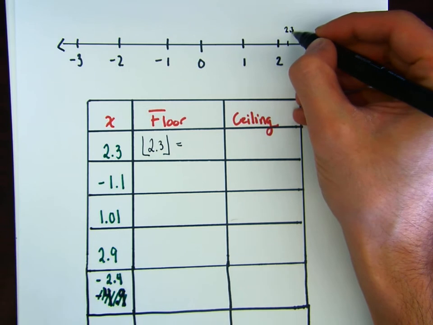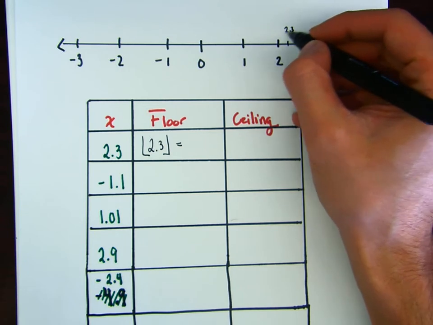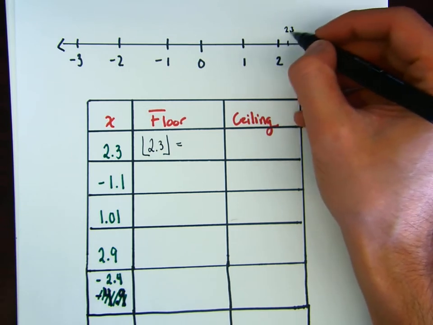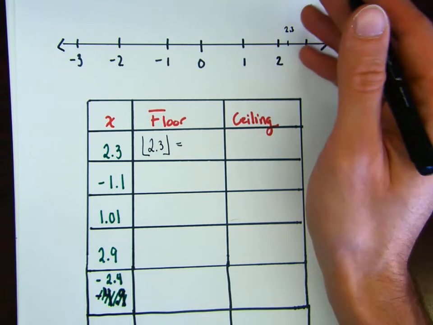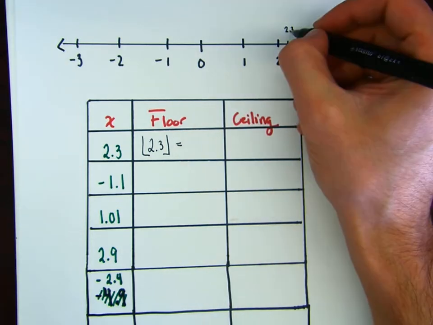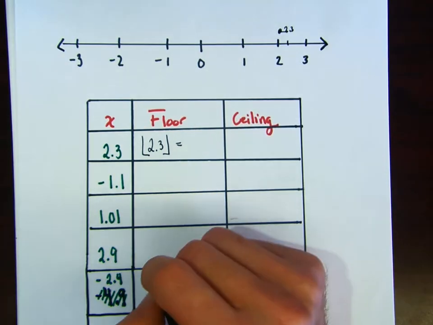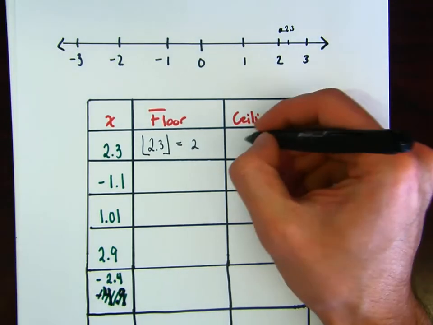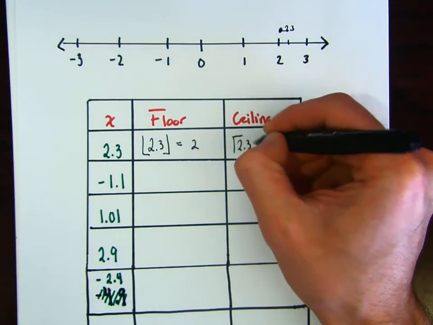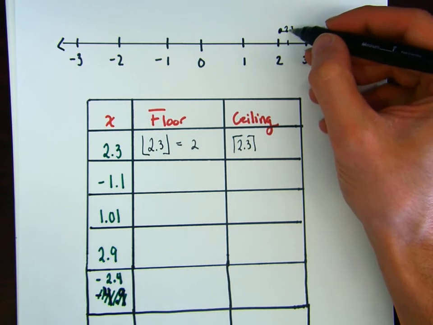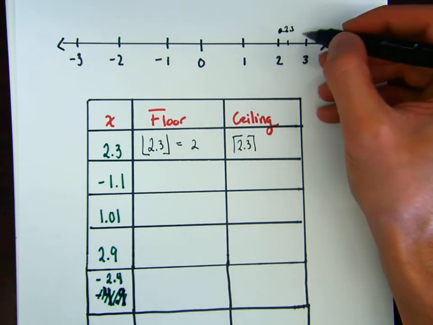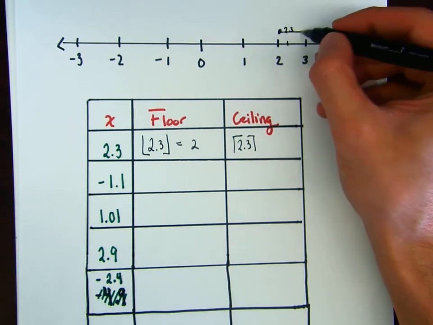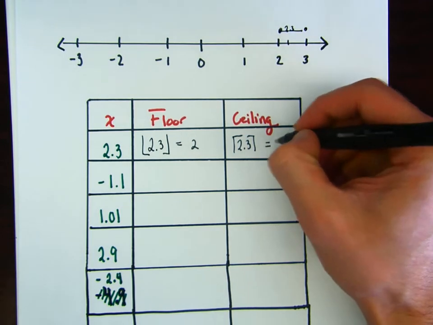What's the greatest integer less than 2.3? It just basically goes to 2. So the floor of 2.3 is 2. But if I asked, what's the ceiling of 2.3, it goes to the least integer that's available above it, and that is 3.